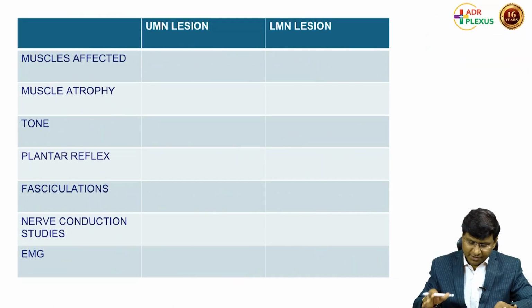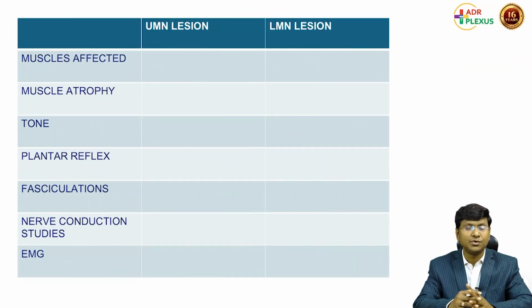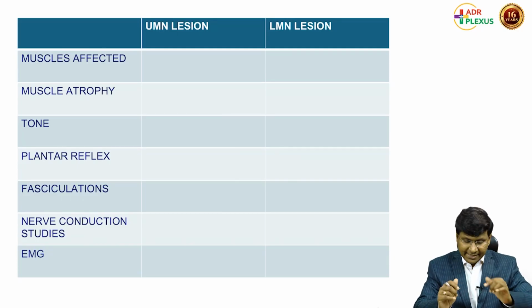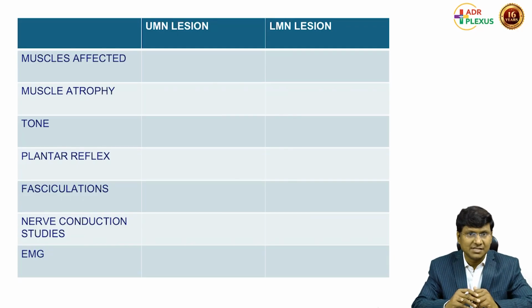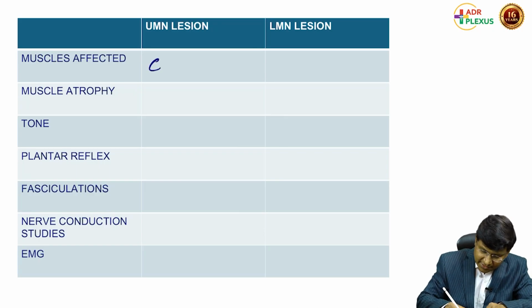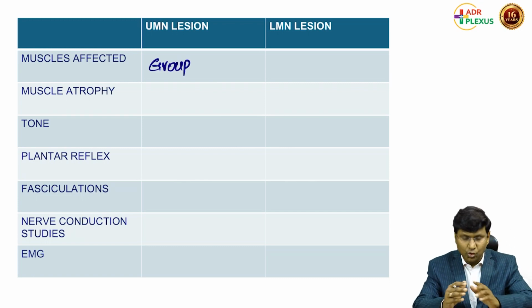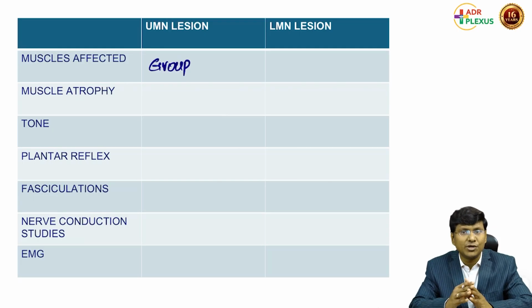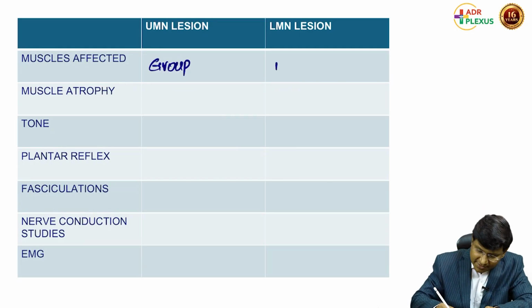If you see the differences between upper motor neuron and lower motor neuron lesions: in upper motor neuron lesion, a group of muscles is affected, and it is never the individual muscles. Whereas in lower motor neuron paralysis, individual muscles may be involved.